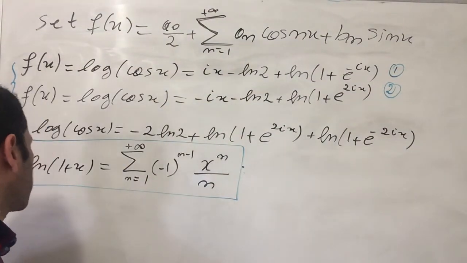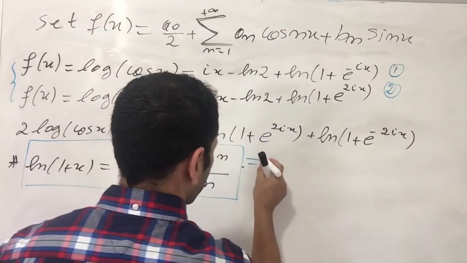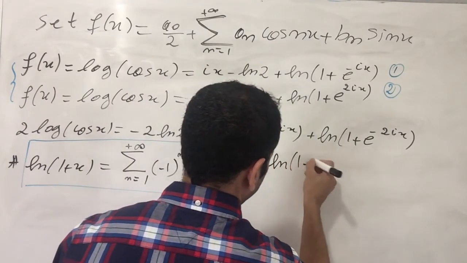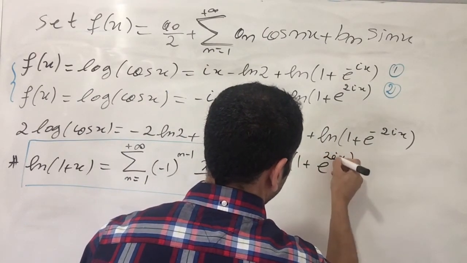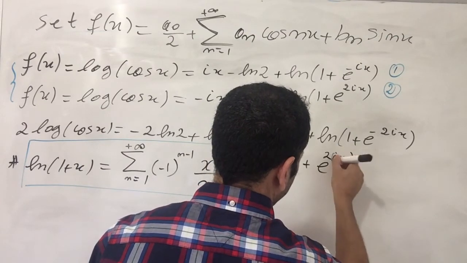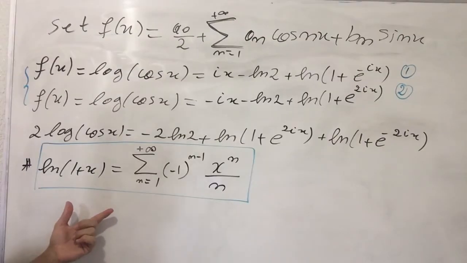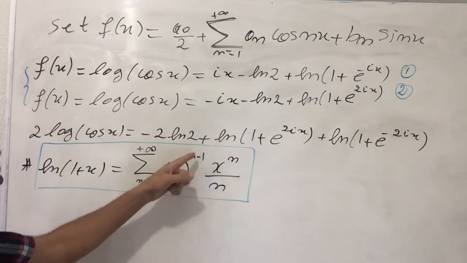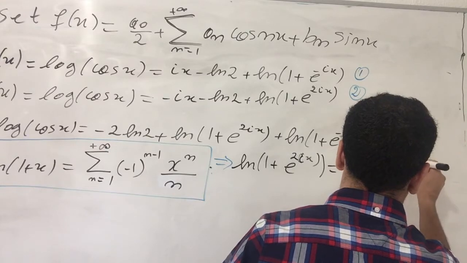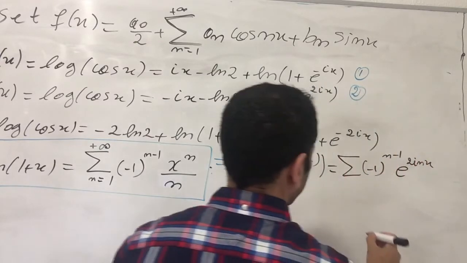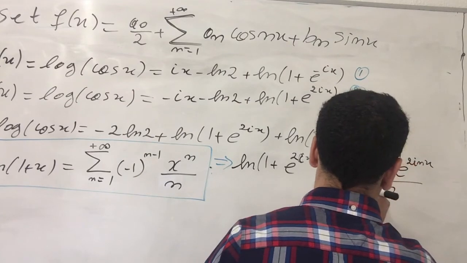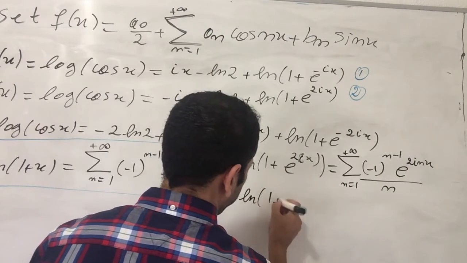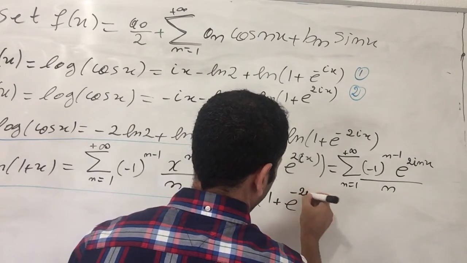According to the Maclaurin formula, natural log of 1 plus e to the ix equals the sum of minus 1 to the n minus 1 times e to the inx over n, as n goes from 1 to plus infinity.